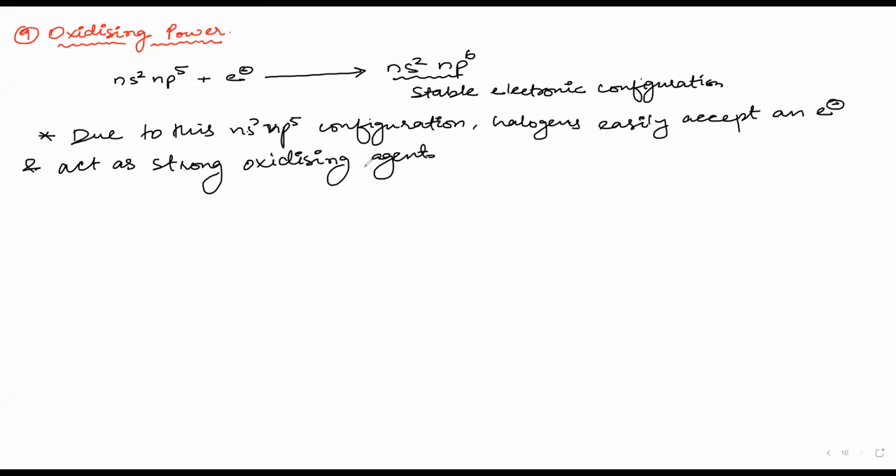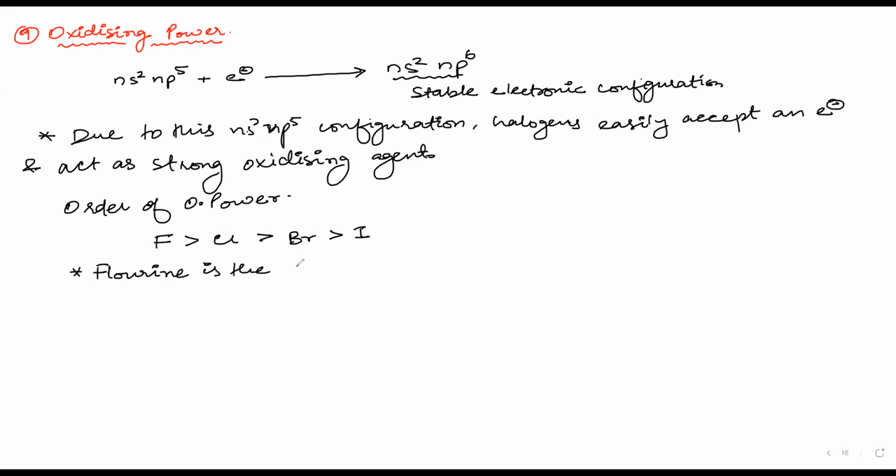Strong oxidizing agent. Now see the order of oxidizing power: fluorine, chlorine, bromine, iodine. Also write one point: fluorine is the best oxidizing agent.